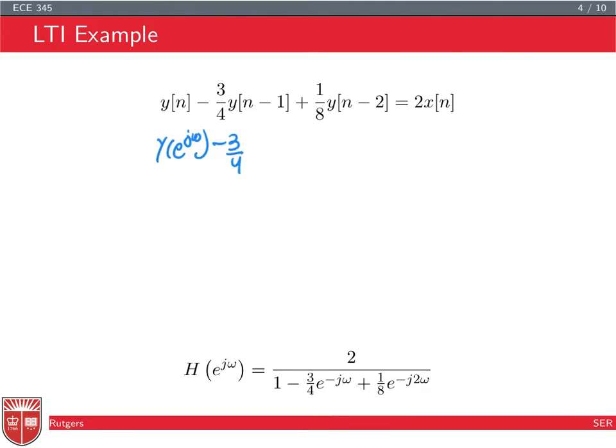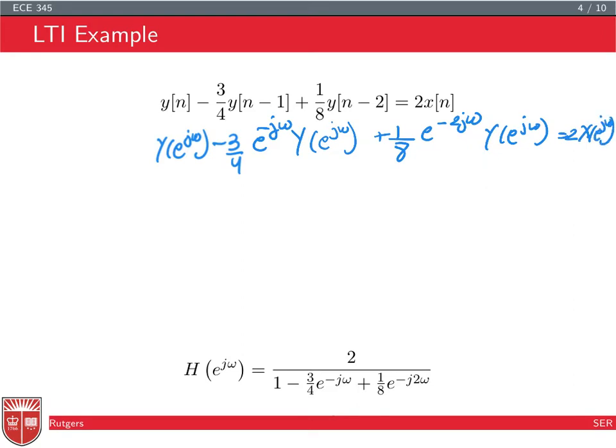The DTFT of y[n-1] is a shifted version of the DTFT of y, shifted by 1 unit, so it's going to be minus 3/4 e^{-jω} Y(e^{jω}). Plus 1/8, and here the signal is shifted by 2 steps, so it's 1/8 e^{-2jω} Y(e^{jω}), equal to 2X(e^{jω}).